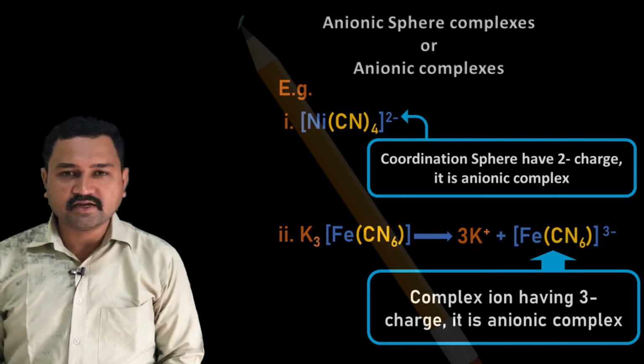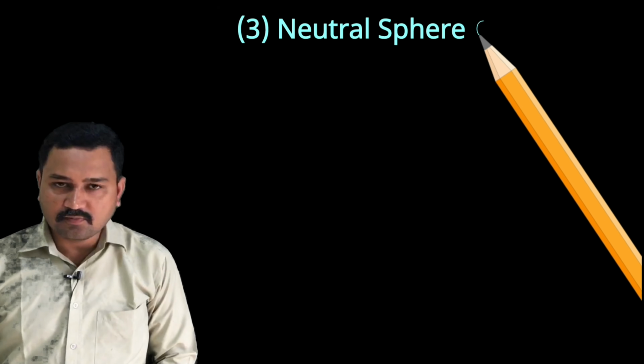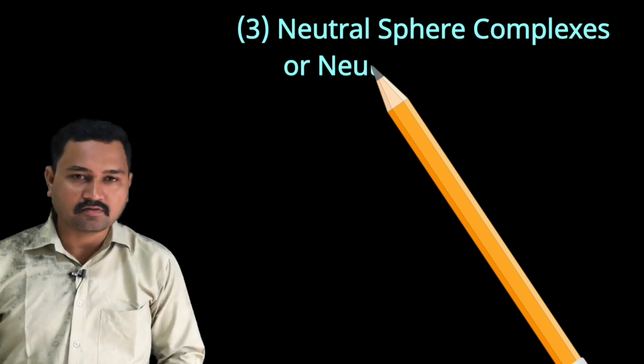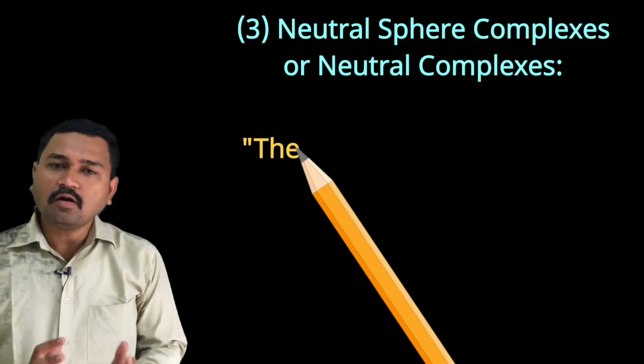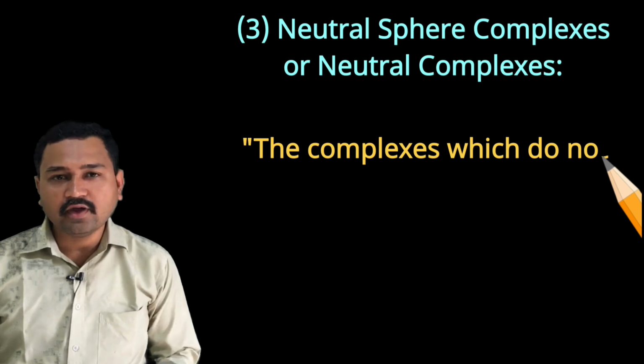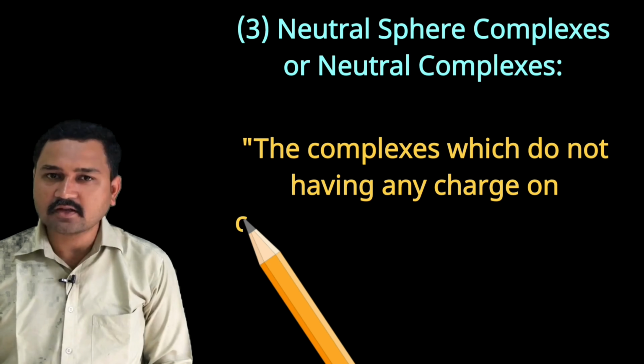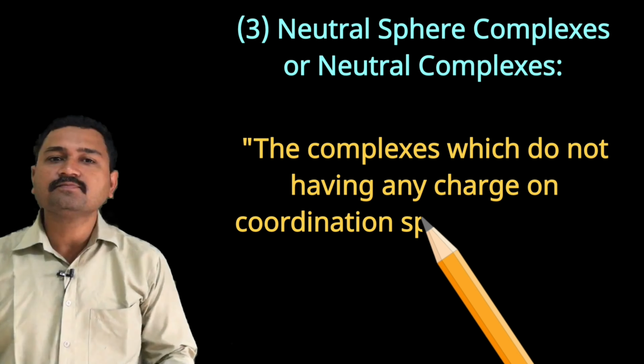Now the last category, that is the neutral complexes or neutral sphere complexes. The complexes which do not have any charge on the coordination sphere are called neutral complexes or neutral sphere complexes.